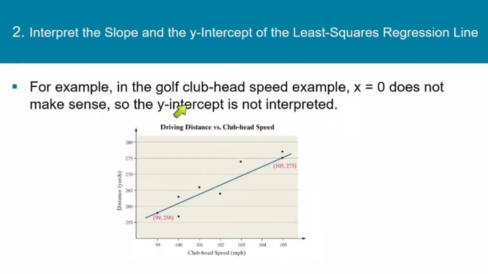For example, in the golf club head speed problem we've been looking at, x equals 0 does not make sense because remember, the x values were the club head speed. A club head speed of 0 would mean that the club is not moving and therefore could not hit the ball, and therefore no distance would be achieved. So we do not attempt to interpret the y-intercept for this data set.